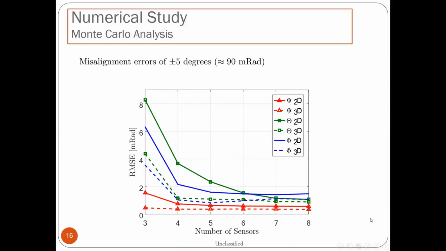It is readily seen that starting with errors of about 90 milliradians, we end up with errors as low as 3 or 4 milliradians. And it can be seen that the estimation accuracy in the psi direction is significantly better than in theta and phi. This happens because of the geometry of the scenario.